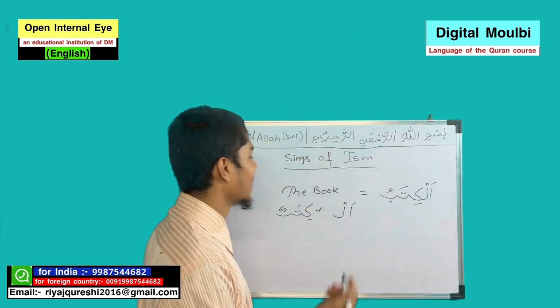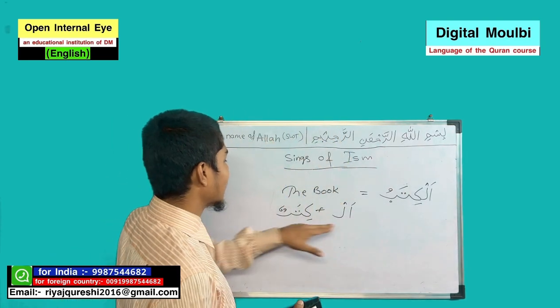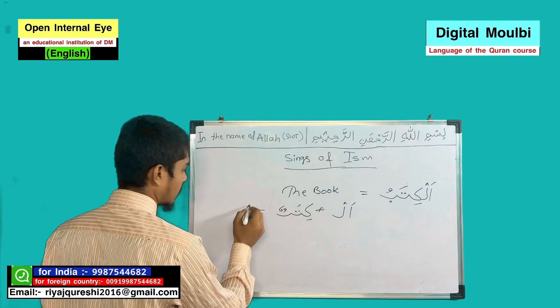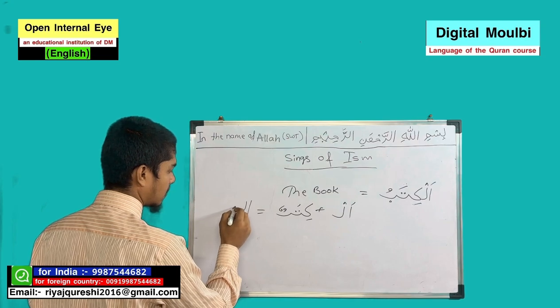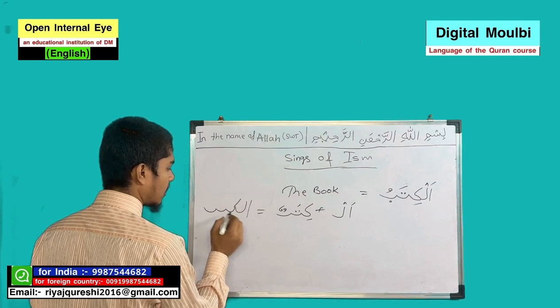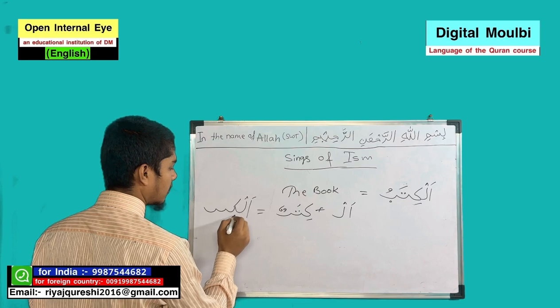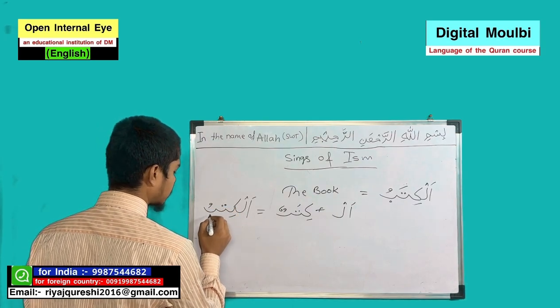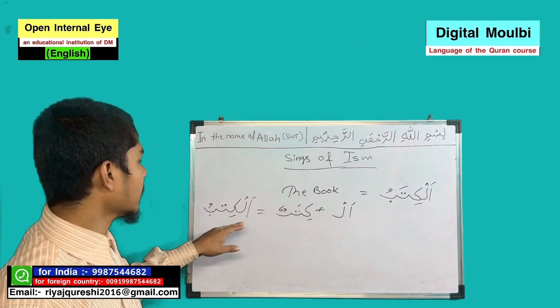Okay, so let's look at the board. Al plus kitabun becomes al-kitabu.